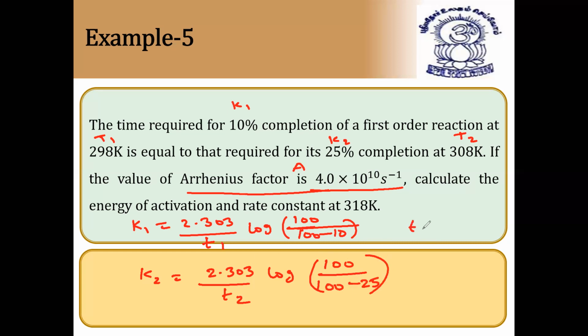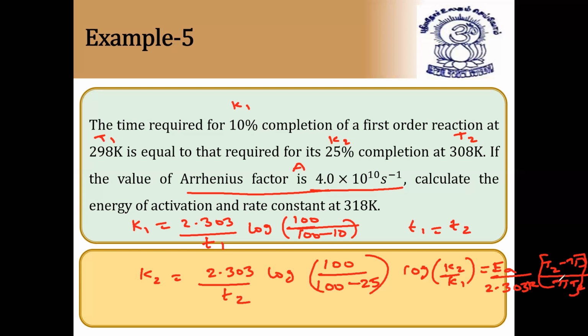And t1 is equal to t2 because it is the same time. So you can calculate K1 and K2 and use the formula log of K2 by K1 is equal to E of A by 2.303 R into T2 minus T1 by T1 T2. Use this formula, you'll get the value of energy of activation first.